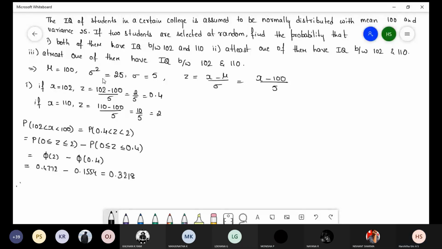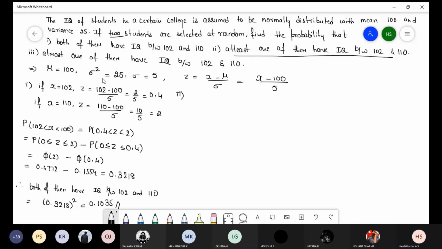Therefore, the probability that both of them have IQ between 102 and 110 is 0.3218 whole square because of two students, which is 0.1035.